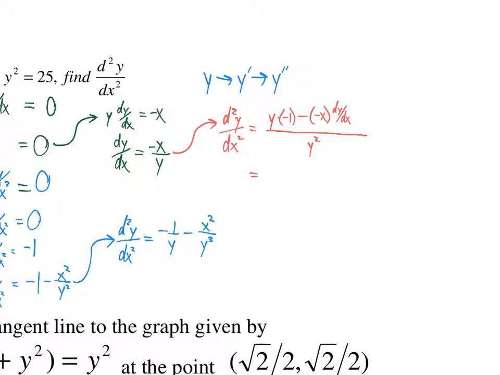So that gives us -y plus x times dy dx. Well, we know dy dx is -x over y, right? All over y squared.